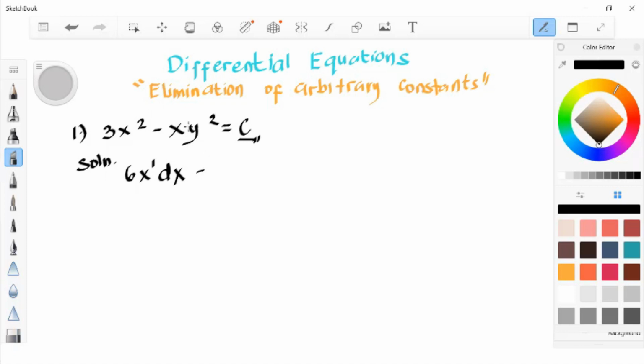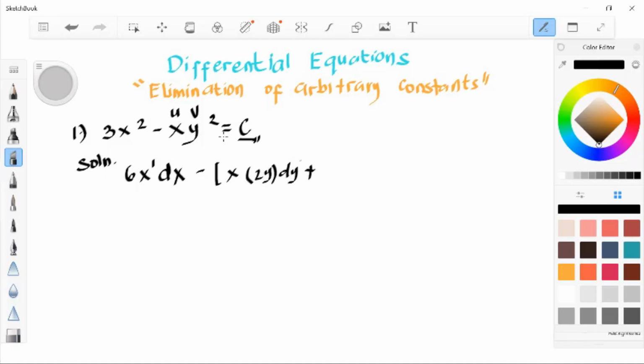Minus, this is actually a product rule, that is u dv plus v du. For u, that is nothing but x, and the derivative of y squared is 2y dy.